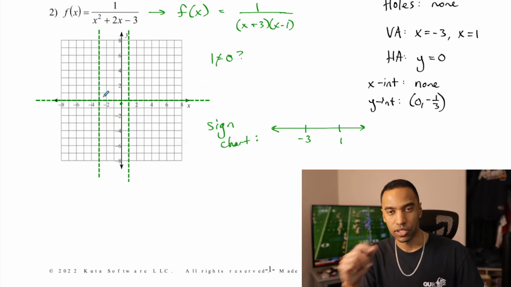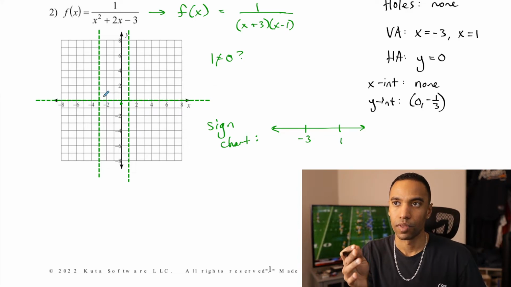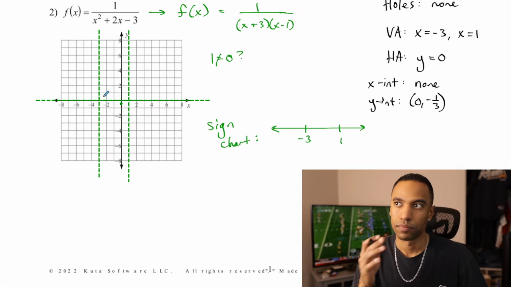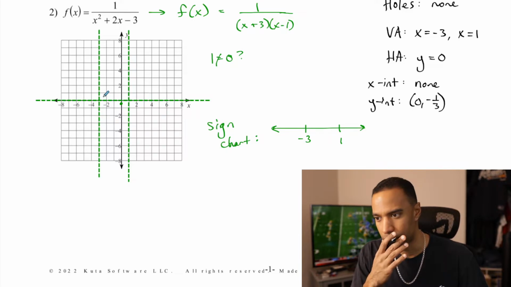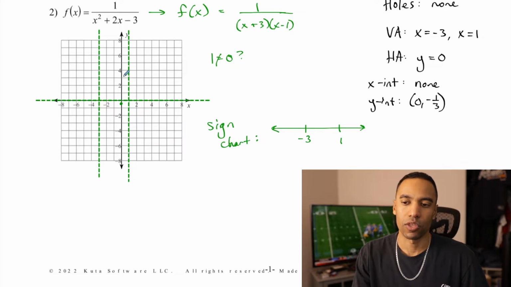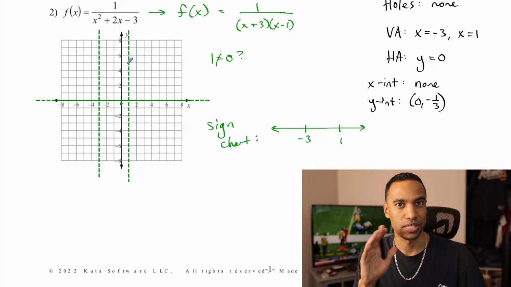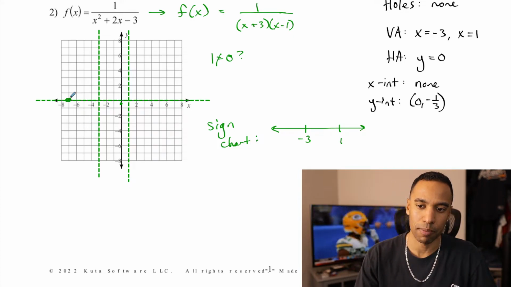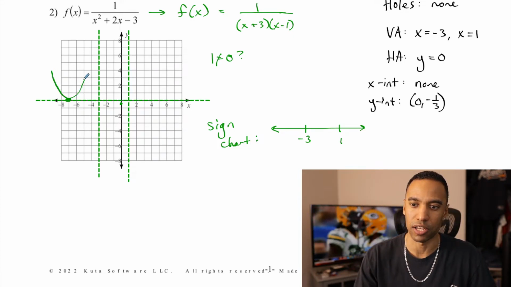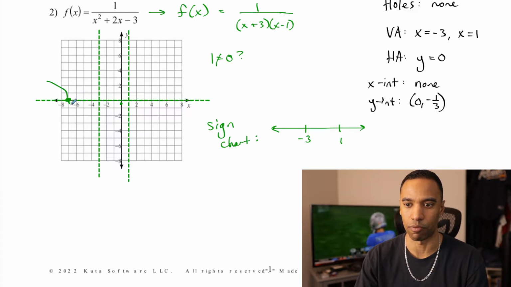If I had x-intercepts or holes, I don't know if holes matter. If I had x-intercepts, I would consider them as well. And the reason is because those are times where you can potentially change sign on your graph. If I had an x-intercept right here, yeah, it's possible that it goes from positive to positive like that, but it's more likely it's going to go from positive to negative.